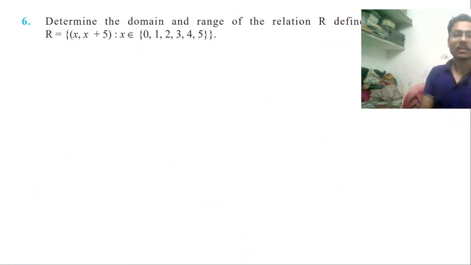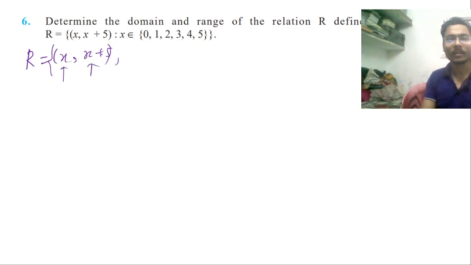Now determine the domain and range of a relation R defined as x comma x plus 5. Okay, so they are saying R is equal to x comma x plus 5. So what you will do? Come on guys, just tell me. Okay, so you will put the value of x in both of these and calculate.